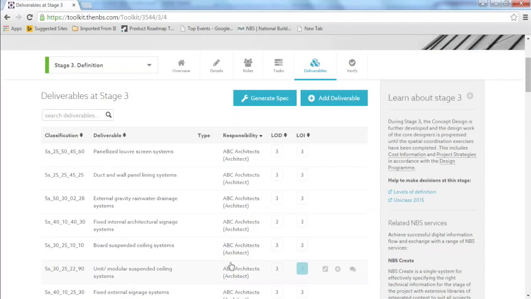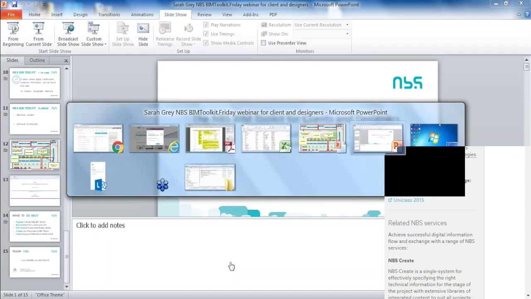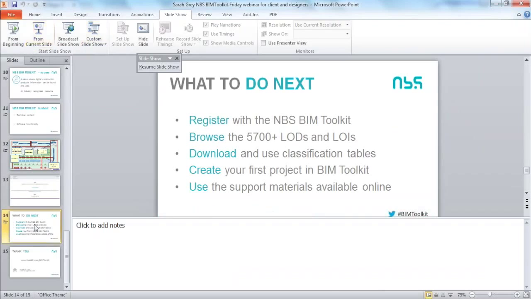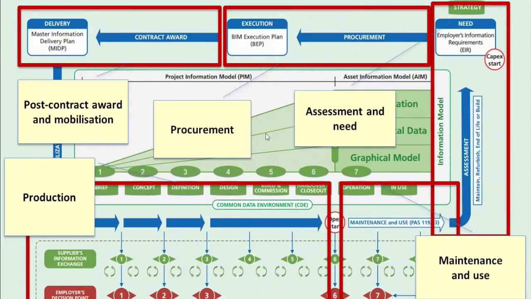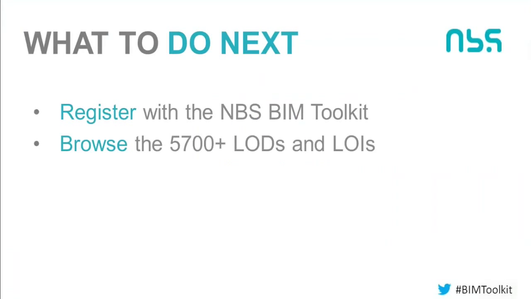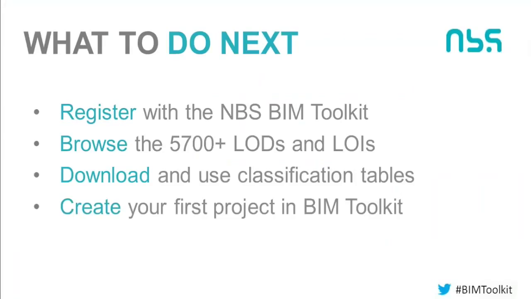So just to summarise, in terms of what to do next: register with the toolkit, browse the 5,700 LODs and LOIs, download and use the classification tables, and create your first project in BIM Toolkit if you haven't already done so.